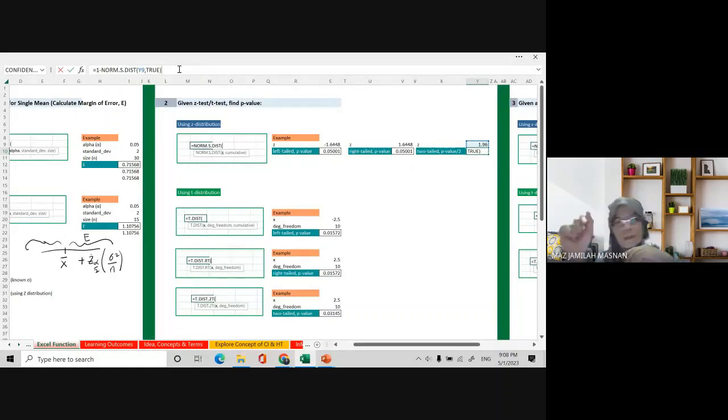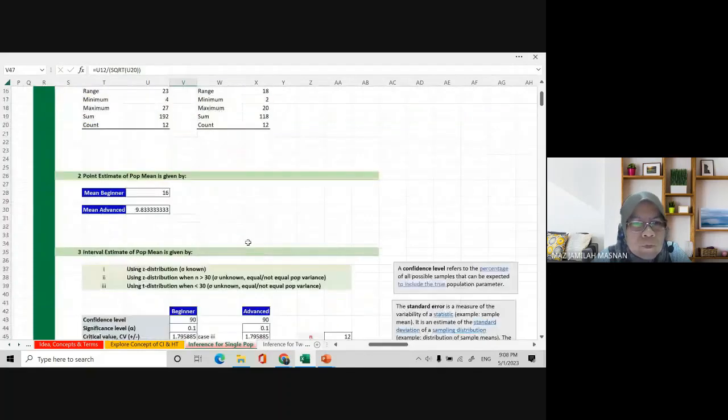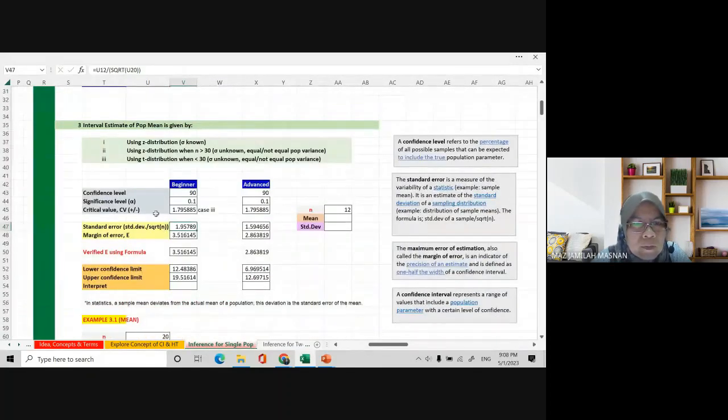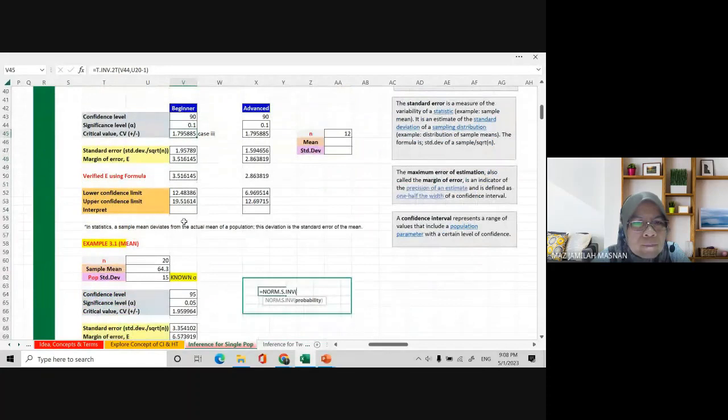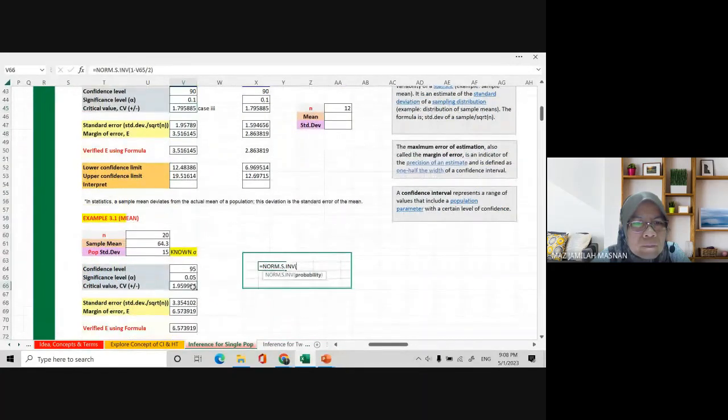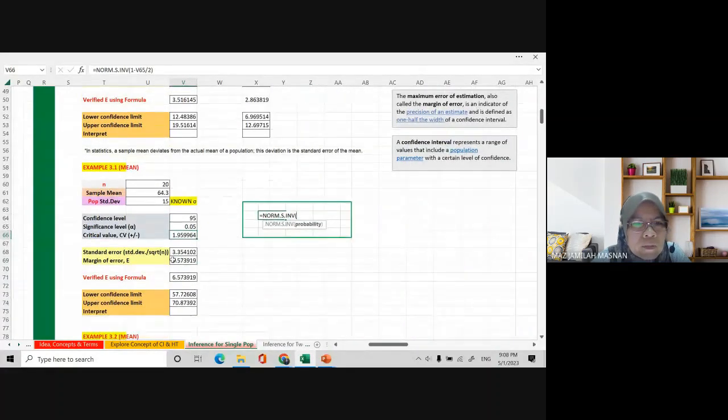Okay, now for the proportion, let me check what is used. For the proportion, critical value, it's not going to use the T inverse 2T. That will be for T. For Z, it is norm inverse, so the Z distribution.